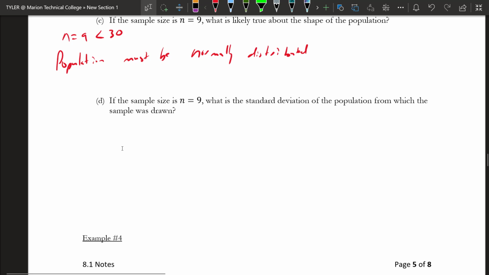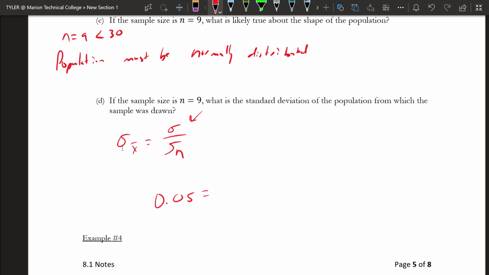And then in part D, it says if the sample size is 9, what is the standard deviation of the population from which the sample was drawn, right? So in other words, we're using this equation to solve for sigma, right? So I know that sigma X bar was equal to 0.05. Right, we calculated that in part B, right?